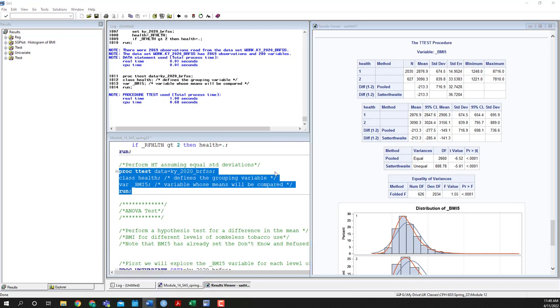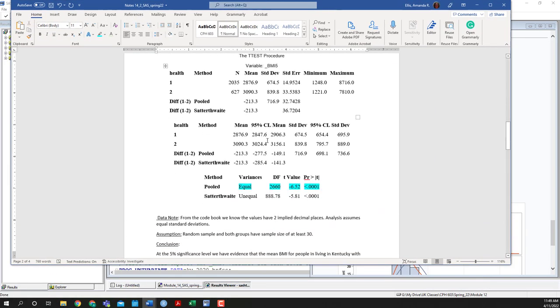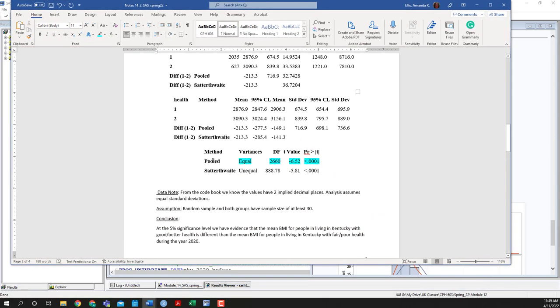So again, I have copied this over to the notes, and you'll see the piece we're interested in here. So notice the pooled method is the one we use if we're going to assume equal variances, and Satterthwaite is what we're going to use if we assume unequal. So we're assuming equal, and again notice our p-value here is less than 0.0001, so we therefore know it's less than 0.05.